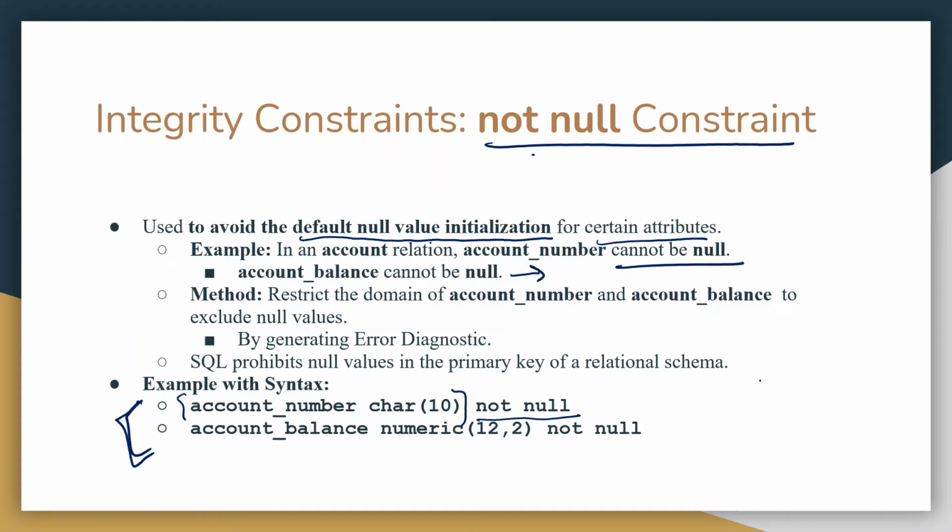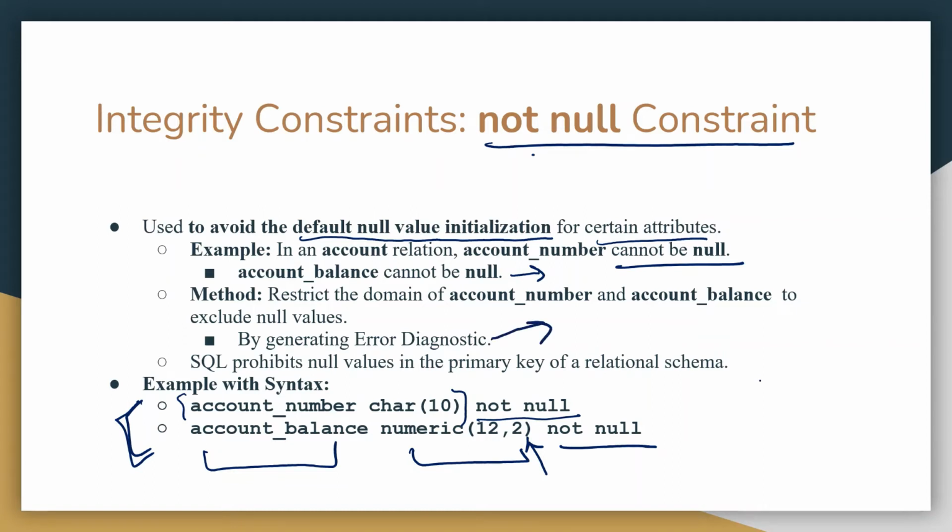I'll give you the complete syntax, but for now this is it. Similarly for account balance, numeric 12, 2: the balance is taken care of up to two decimal places and 12 digits, and we say not null. It also cannot be null. And now what if a person tries to enter a record with a null entry?